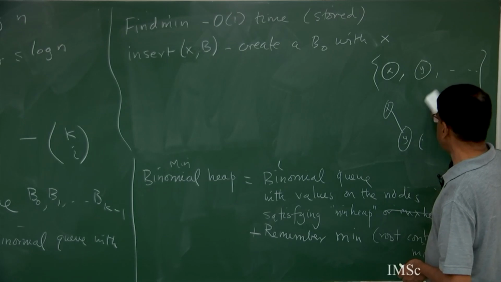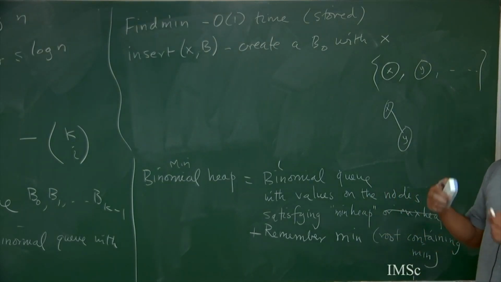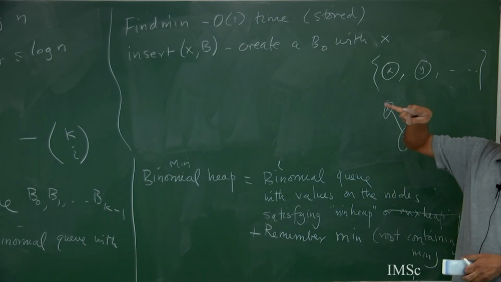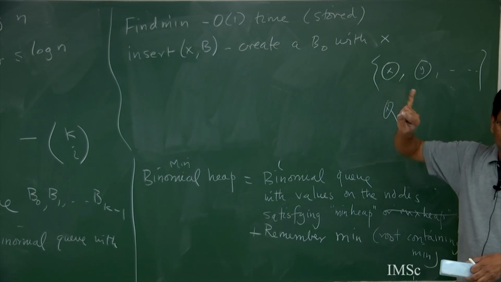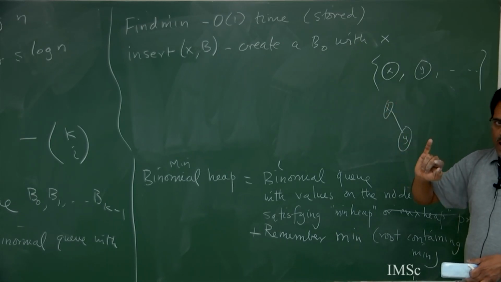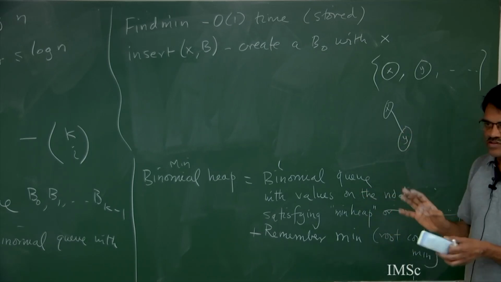Am I done? No. There may be another B1 sitting there, so link those two B1s in the same way. Basically, you just compare the roots and figure out which root should become the child of which root. And so you create a B2. There may be another B2 sitting there, and you have to fix all that.